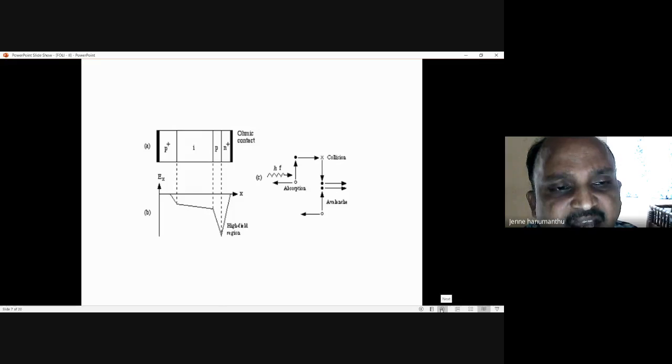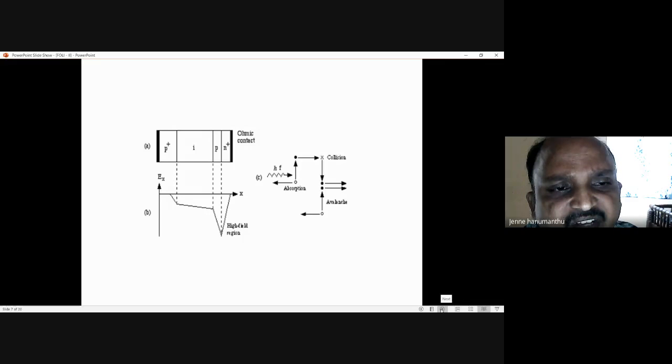It creates high acceleration, and because of the high reverse bias, the photo carriers generated in the I region are multiplied.